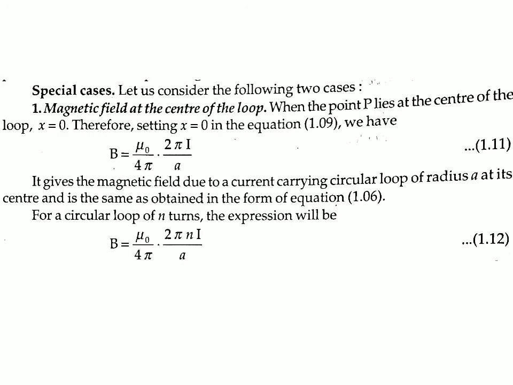So putting X equal to 0 in the equation, we'll get B equal to mu naught by 4 pi, 2 pi I divided by A. So this will give us the magnetic field at the center of the loop. And if the loop has n number of turns, then the magnetic field is B equal to mu naught by 4 pi, 2 pi N I divided by A.